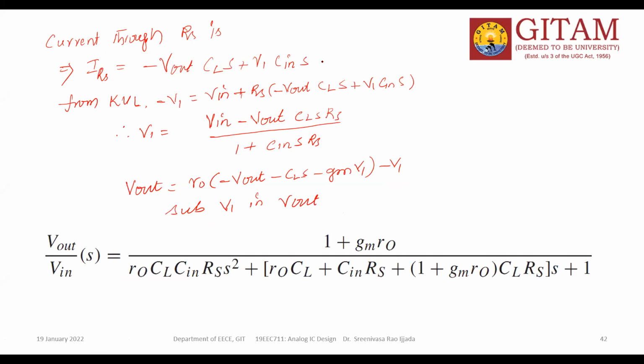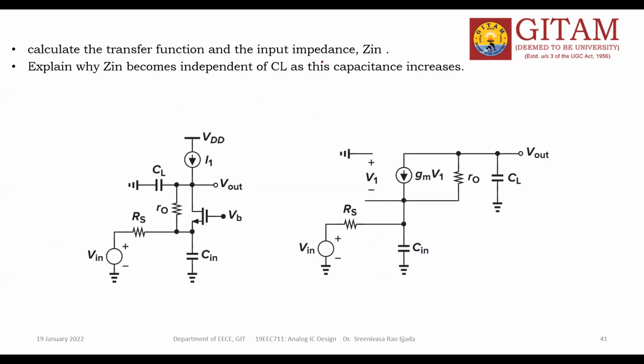Now I want to write the KVL equation for the input loop. What is the KVL equation for the input loop? Yes, if you go back, this is the input loop.